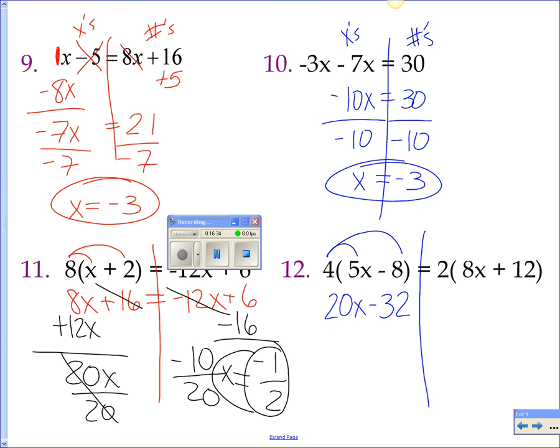Negative 32. Blake, what else? What is it? 2 times 8? Andrew. Okay. Good. All right, Tyler, what's something that needs to move? All right, becomes what? Steven, what else needs to move? He's got it. What else needs to move up here?